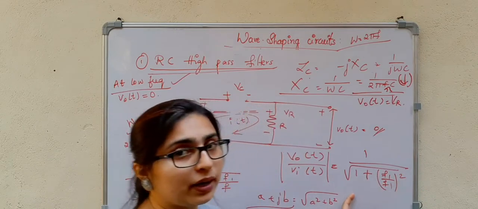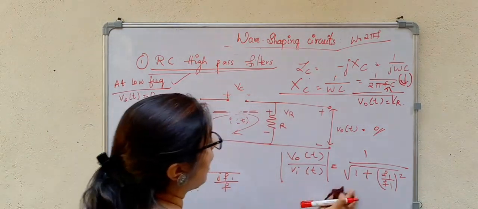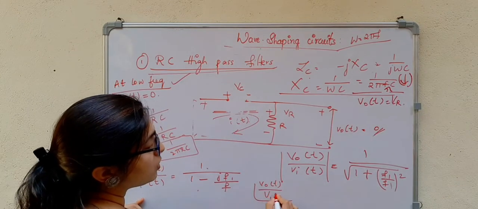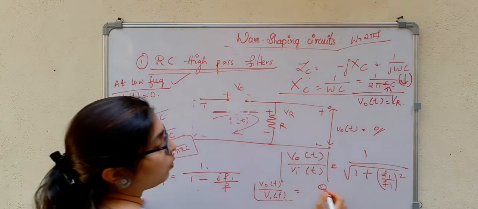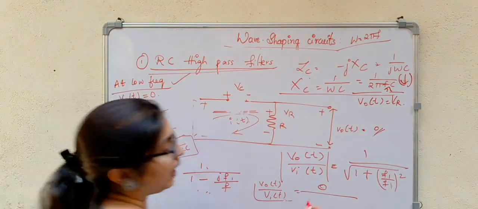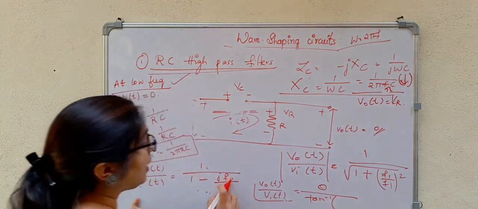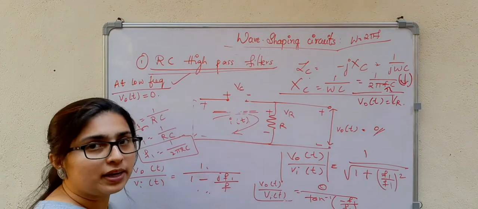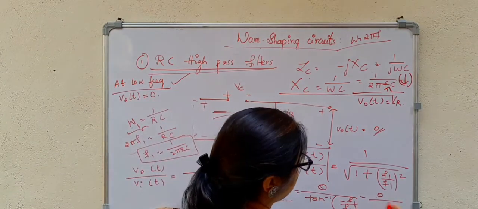This is the magnitude. Then what is the angle of this? The angle of the numerator is 0. What is the angle of this? So tan inverse B by A is nothing but minus F1 by F. So tan inverse of minus theta is minus tan inverse theta.